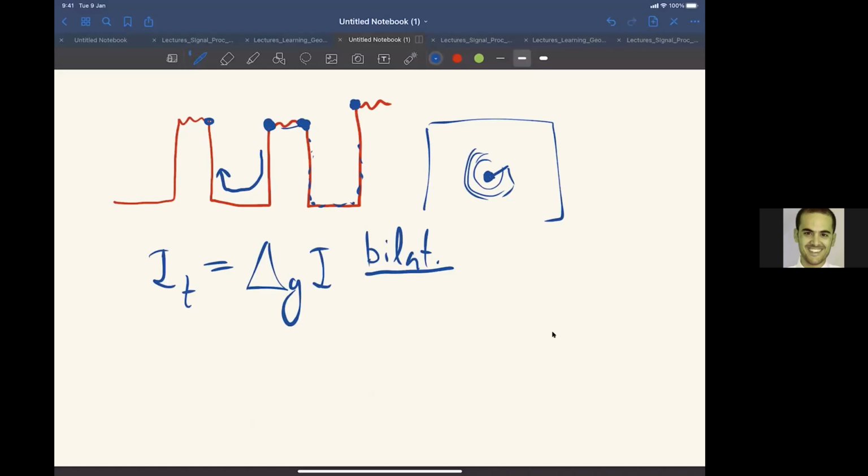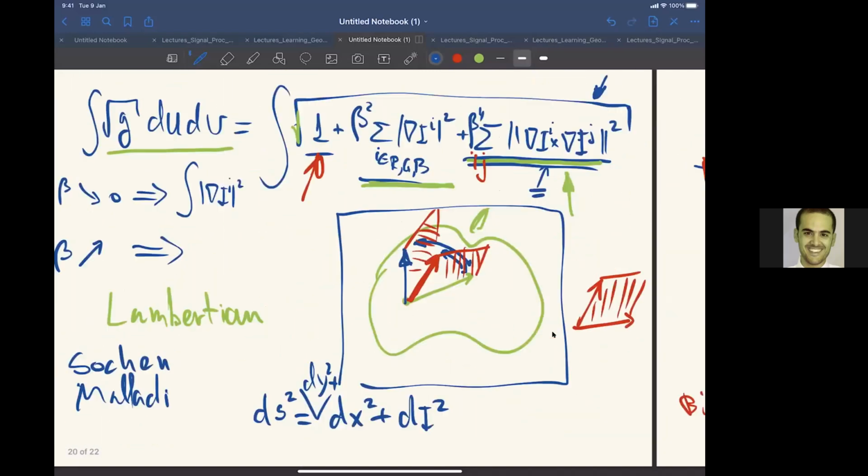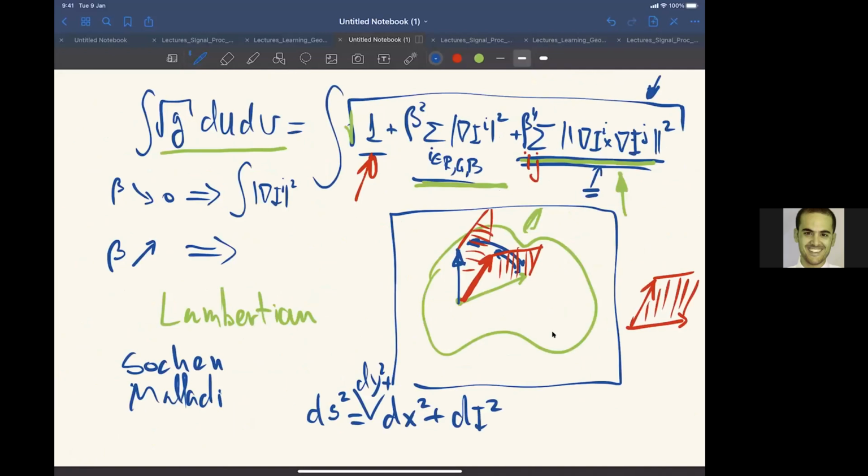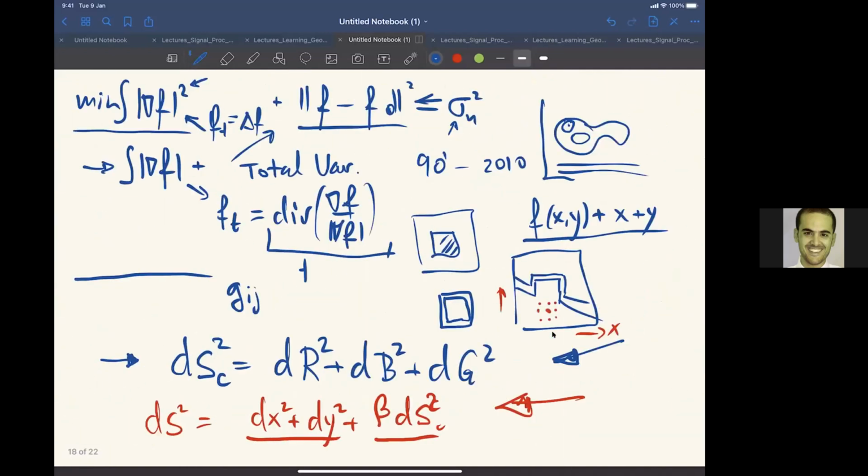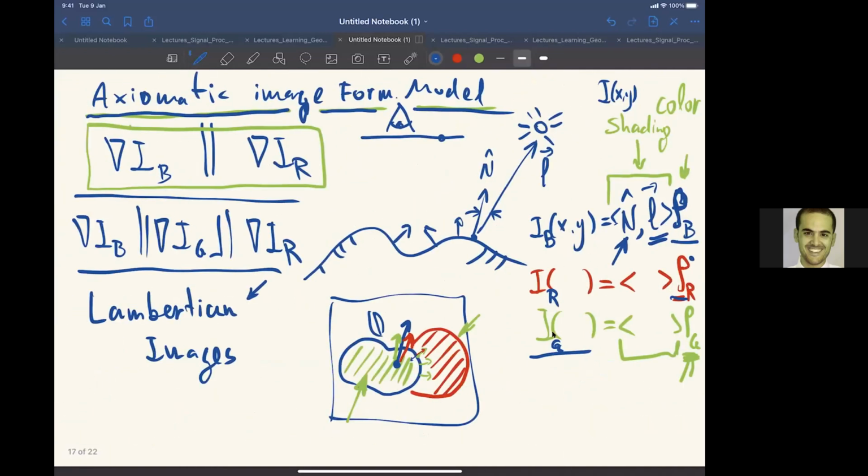Okay, and the second question is with regard to the alignment between the directions of the RGB. In general, it seems to be always a problem while acquiring an image because of the mosaicing. Let me just repeat for those of you who are not familiar with what the mosaicing is.